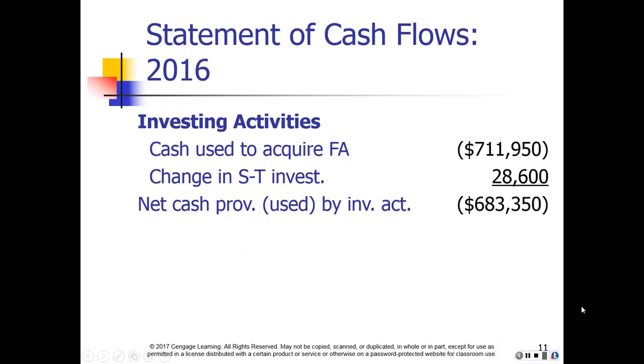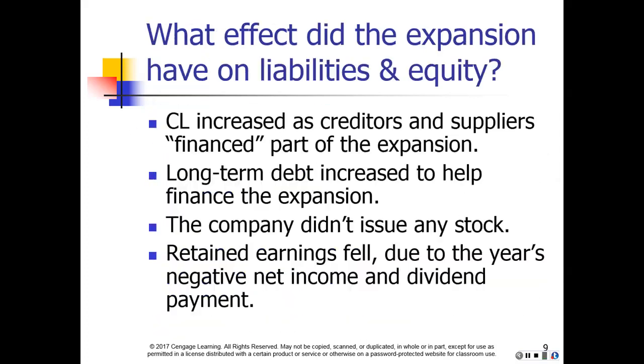Now, let's look at investing activities. Cash used to acquire fixed assets, and that is basically the change in net fixed assets. So once again, let's go back and look at the balance sheet.